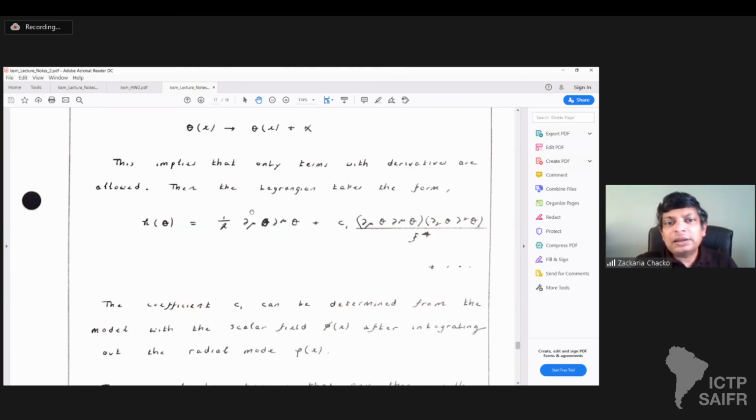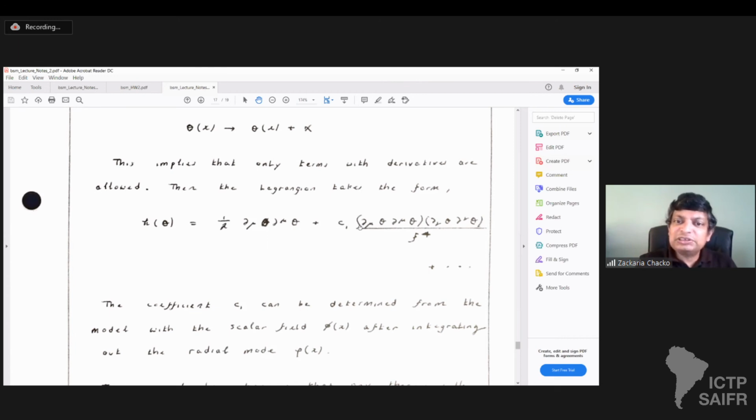And so the form of this Lagrangian is completely dictated by the requirement that the Lagrangian for theta has to satisfy the shift symmetry. The only difference between all these different theories that can break a U1 is in these coefficients.